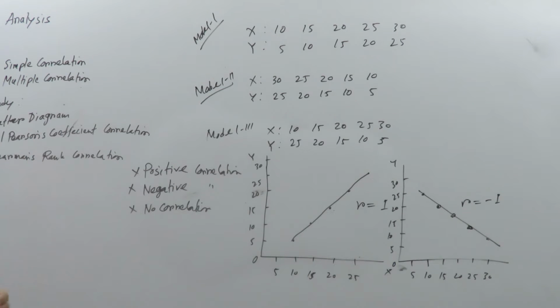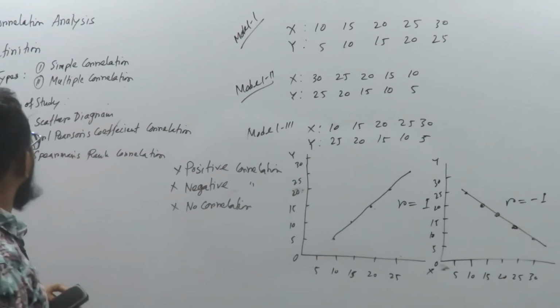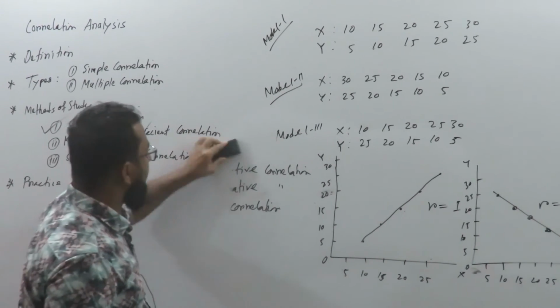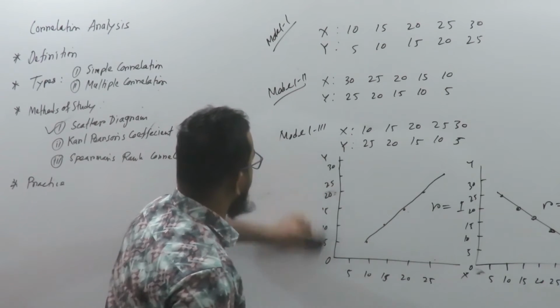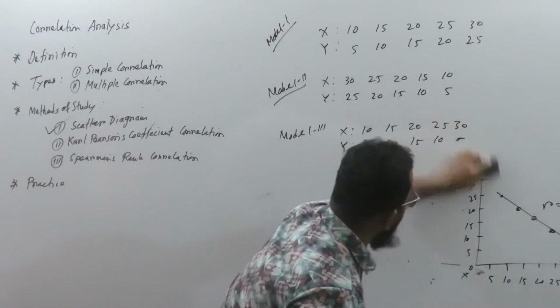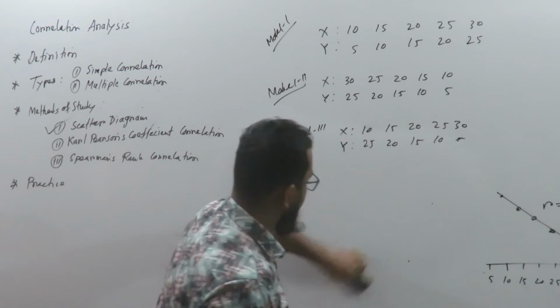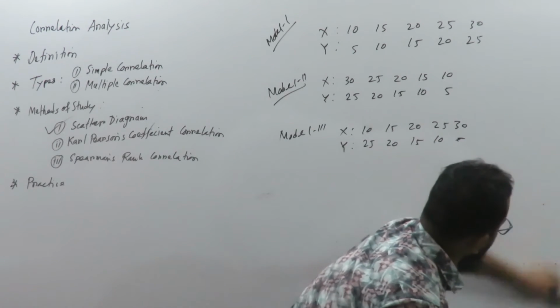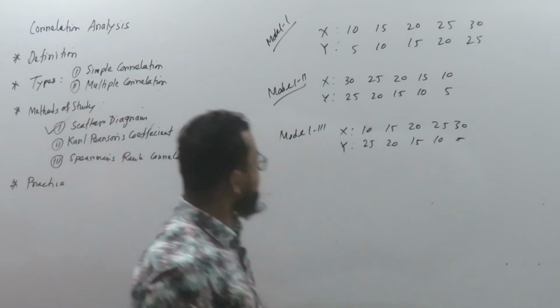This is a scatter diagram, the graphical presentation of the relationship. So my dear students, I hope you better understand what a scatter diagram is and how you can draw a scatter diagram from the given data in your question. In the B part, in different examinations of National University, this question was important.